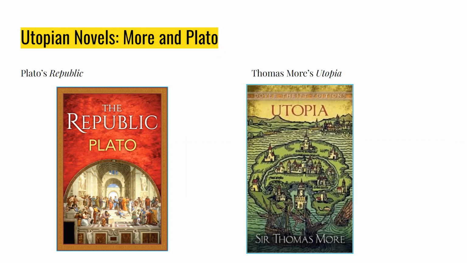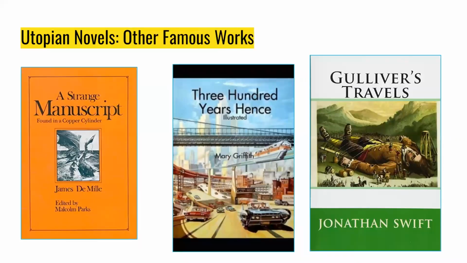Commonalities in utopian novels include the elimination of war, whether the utopian novel can be classified as Marxist, feminist, or both. Novels like A Strange Manuscript Found in a Copper Cylinder and 300 Years Hence do not consider class and gender in their utopian equations.